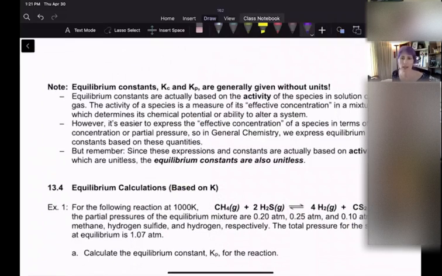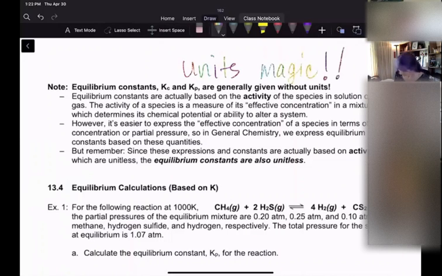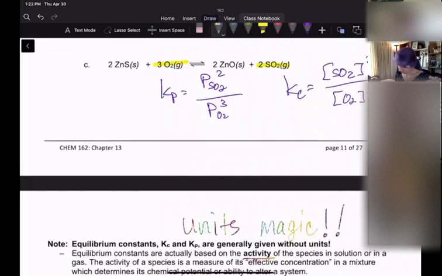Now, here we get, I don't know if I've talked about units magic yet. This is part of what I call units magic. Okay, so that's where we start talking about the activity instead of the concentration. Basically, we want to be able to work with this thing that would have different units depending on what goes into that expression, right?